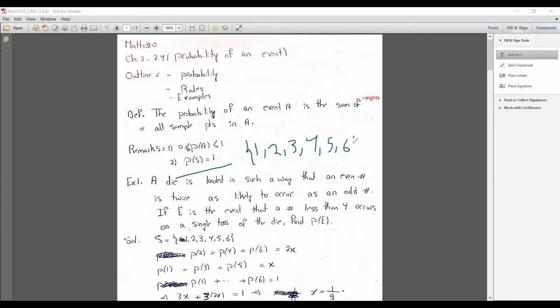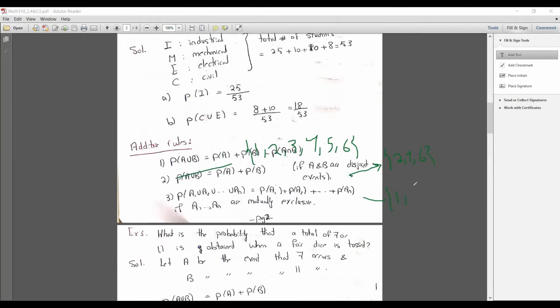What do we mean by even number? An even number is a multiple of 2. So what are the options here? 2, 4, and 6. And an odd number is not a multiple of 2. So 1, 3, and 5.